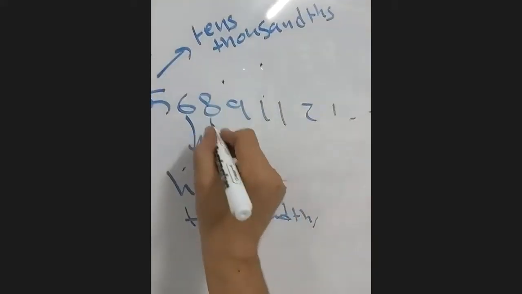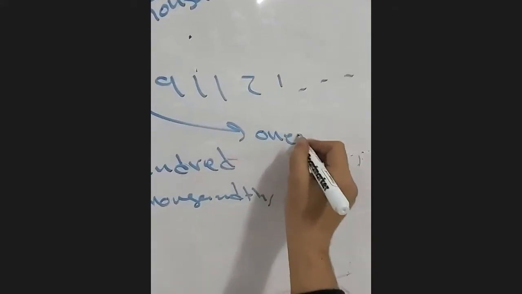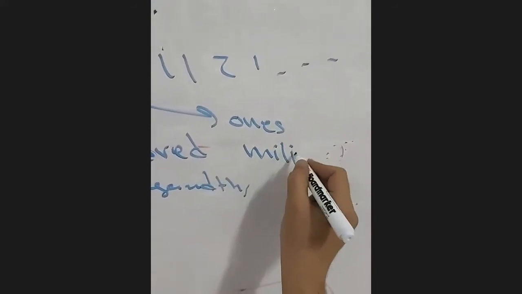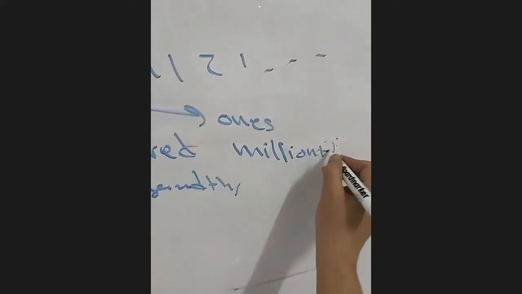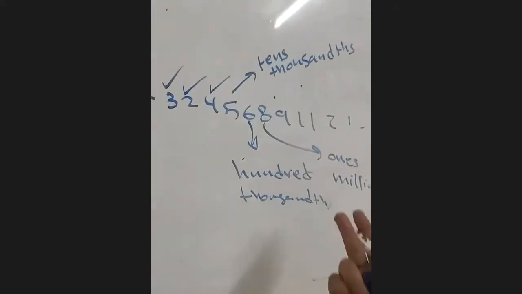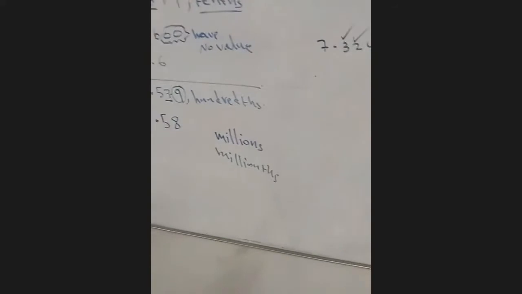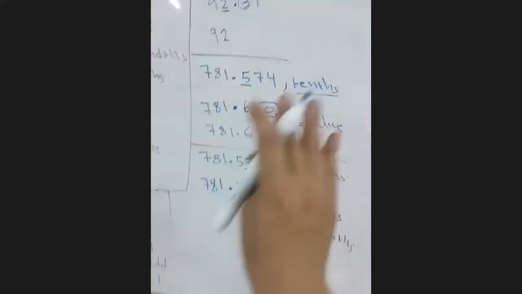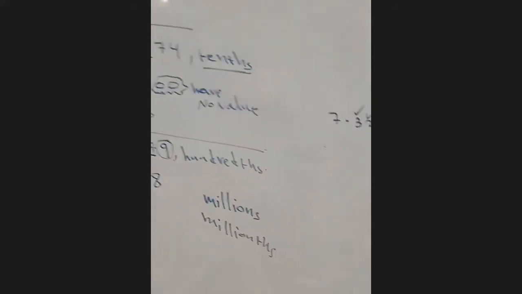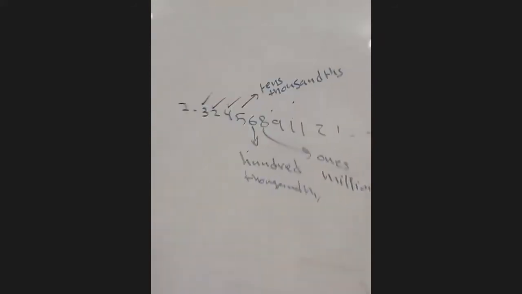Now the 8 is ones millionths. See? So yes, we have. Why not? But at this level, in grade 5, it's enough to deal with the first 3 digits. Is that enough? That's all. Okay, give me a question.